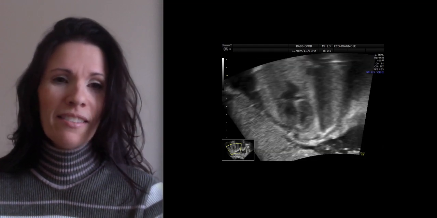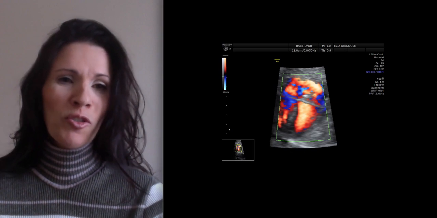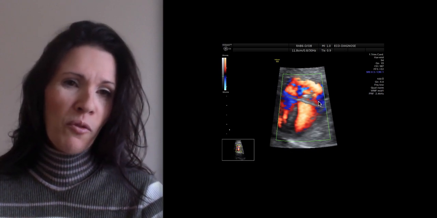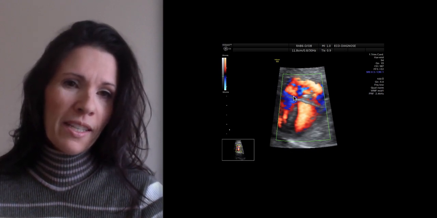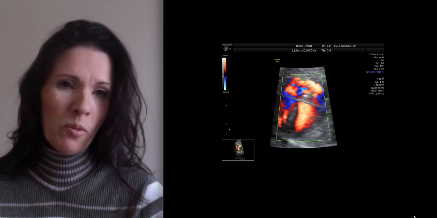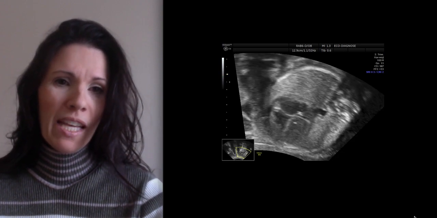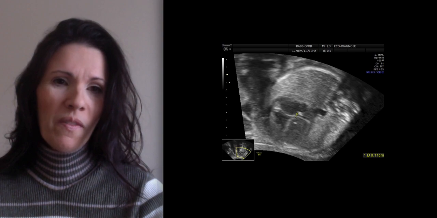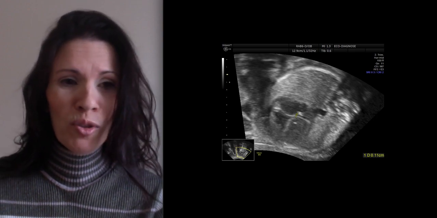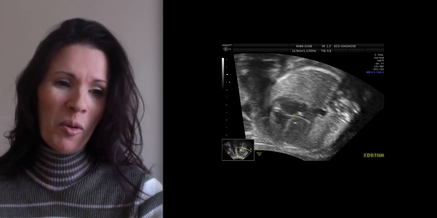Here again, with color Doppler you can see even the flow through the coronary sinus, normal size as well. This is normal. I can even measure and you can see this is normal.